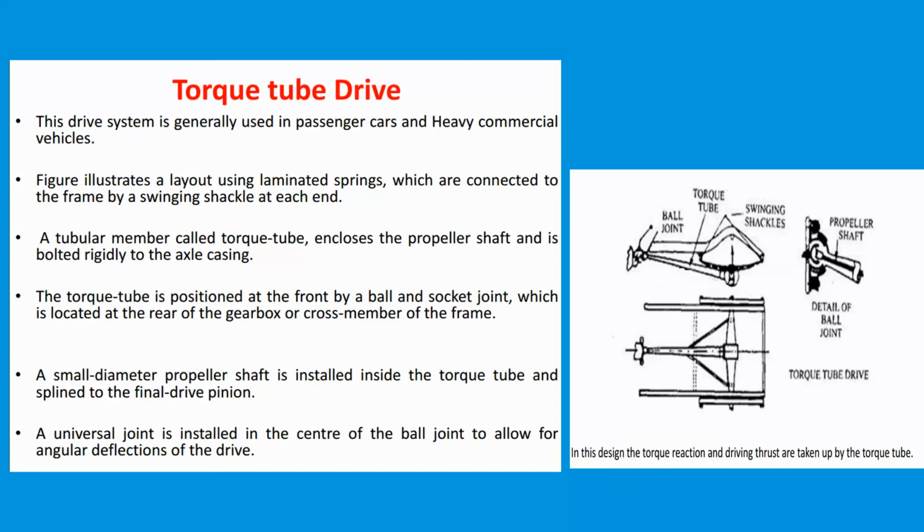In addition to transmitting traction forces, the torque tube is also used to contain the rotating drive shaft. Inside the hollow torque ball is the universal joint of the drive shaft that allows relative motion between the two ends of the drive shaft.